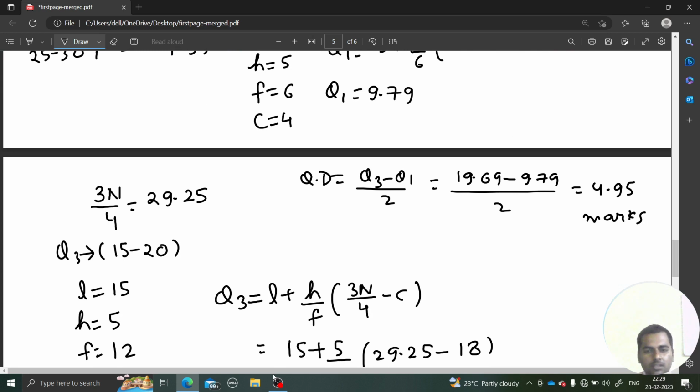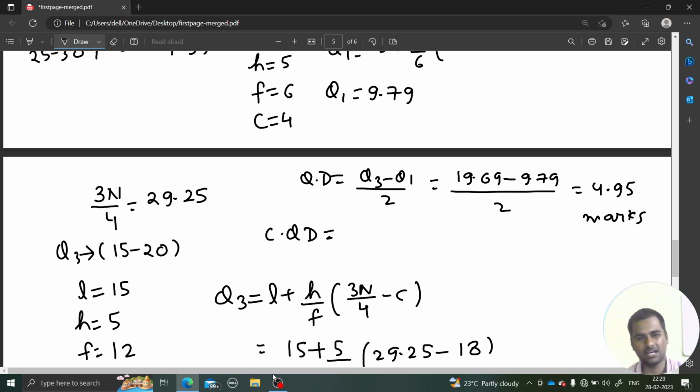The coefficient of quartile deviation will be Q3 minus Q1 in the numerator. So let's calculate it. 19.69 minus 9.79 divided by their sum, so 19.69 plus 9.79, and this is coming out to be 0.335.